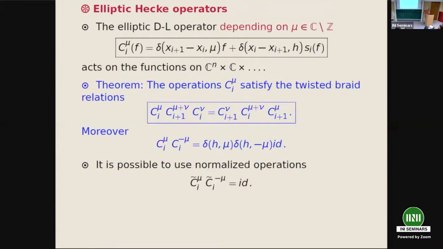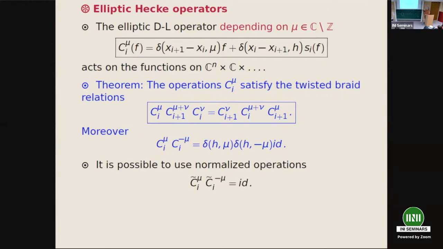Okay, and I define elliptic operators like this. You have a parameter, you have this relative part and something like a term part. Here you have h, and then some parameter mu. And you can think that it acts on the function on C^n, these are x's, plus h, and some other parameters that are mu.